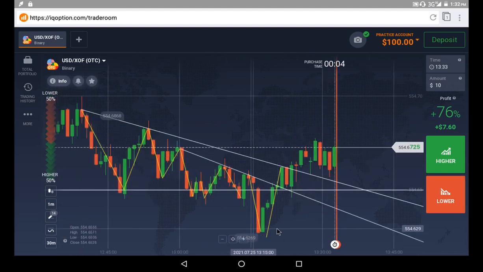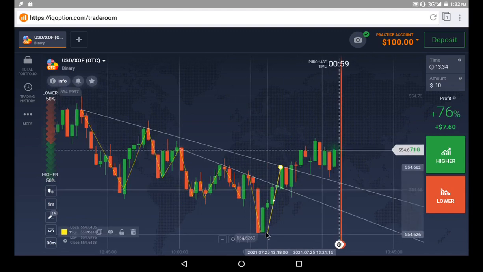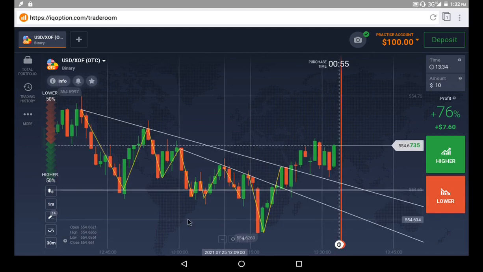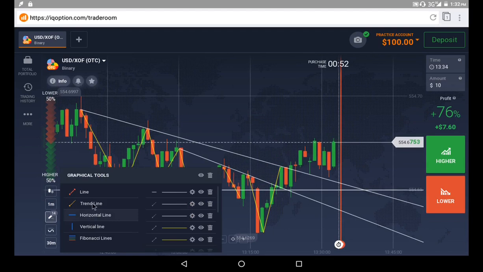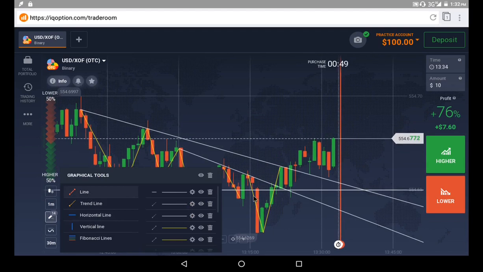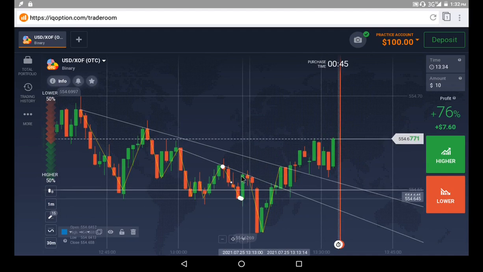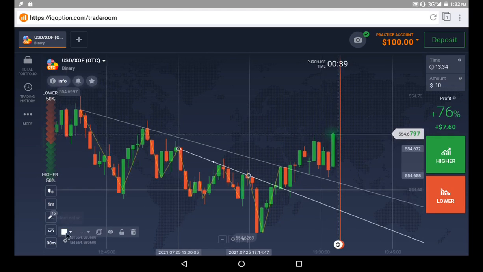You observe very well, you can see the buyers entered. They equally entered here. I will not skip anything. When the sellers got to this level, you can see the buyers entered to that level.